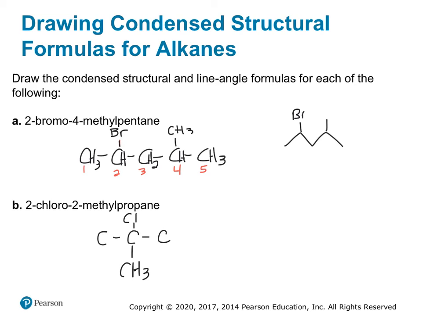So that's the 2 substituent groups. If I did the line angle formula, I would see a chloro group and then another substituent group there, the methyl in the middle. I just need to add my hydrogens on the end. The middle carbon doesn't get any hydrogens because it already has its 4 bonds.